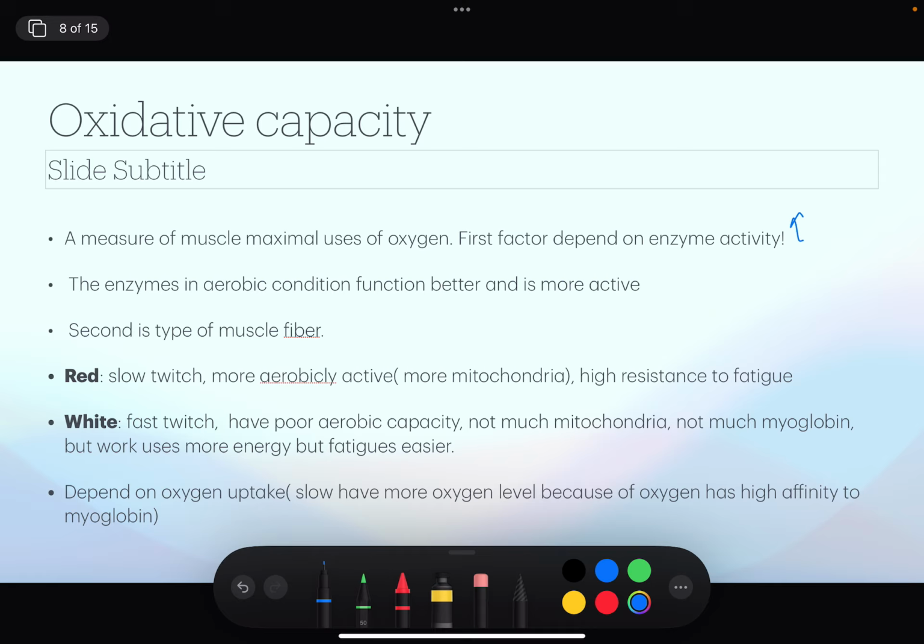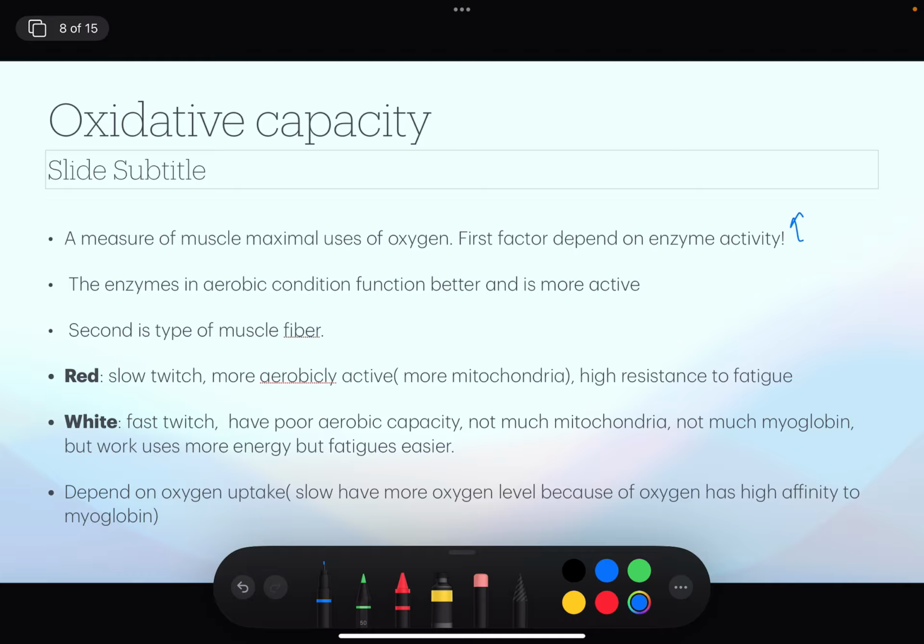The second factor that affects this oxidative capacity is the type of muscle tissue which is dominating. The red is the slow twitch, which is more aerobically active, because it has more mitochondria, more myoglobin, and is highly resistant to fatigue.